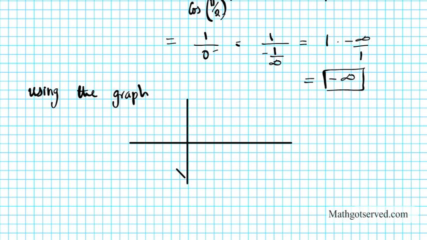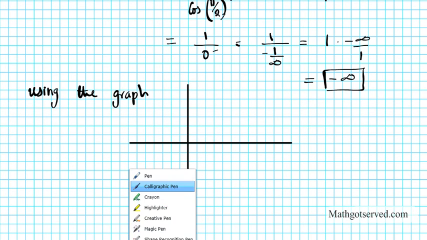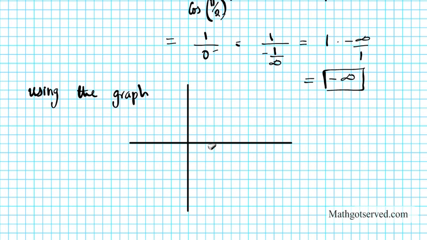So, I normally generate my graph of secant using cosine, since cosine is the reciprocal of that. I just sketch my cosine graph, and then I use it to draw my secant graph, okay? So let's just say this is pi over 2, and this is pi right here.